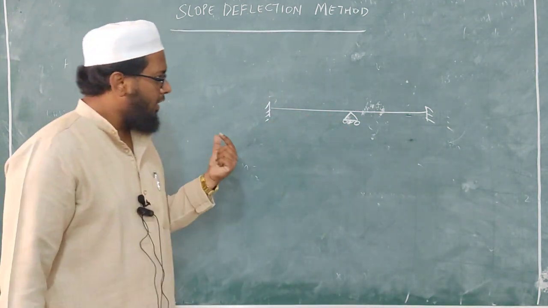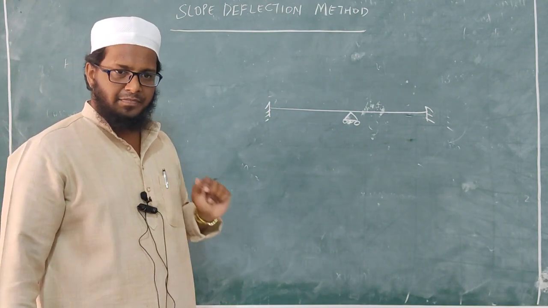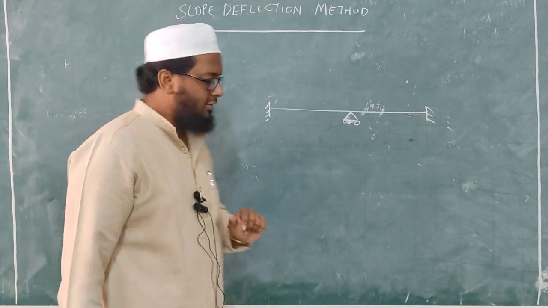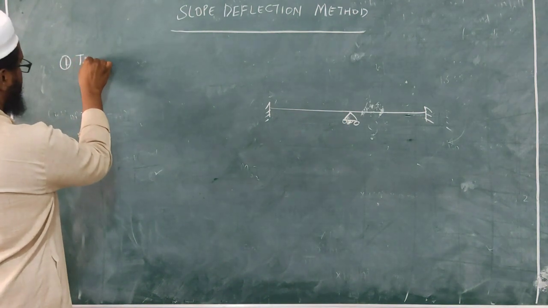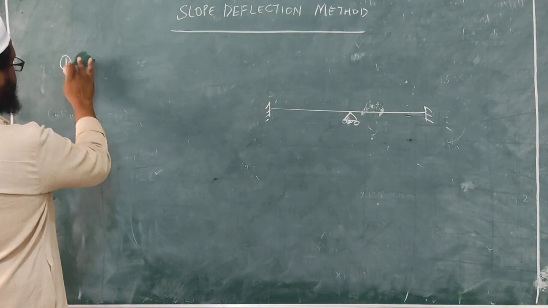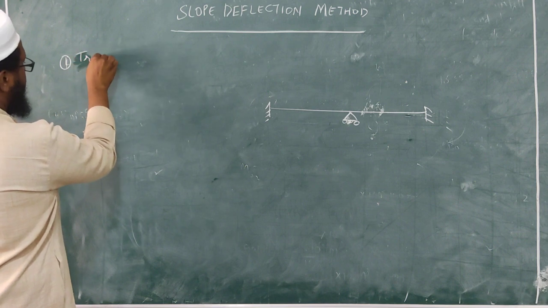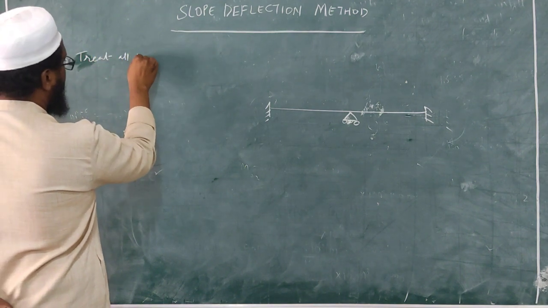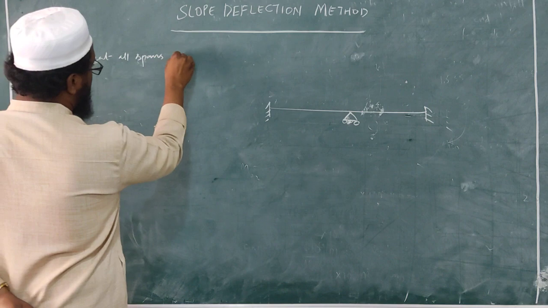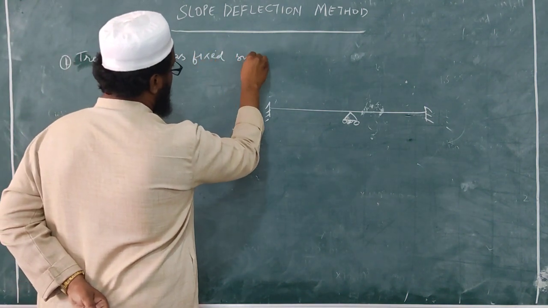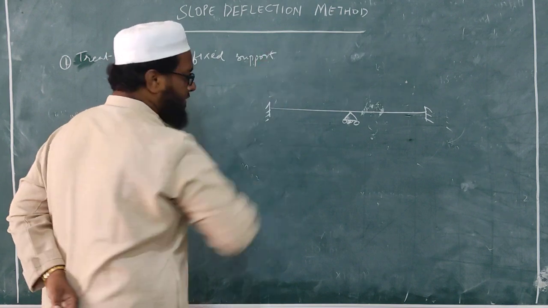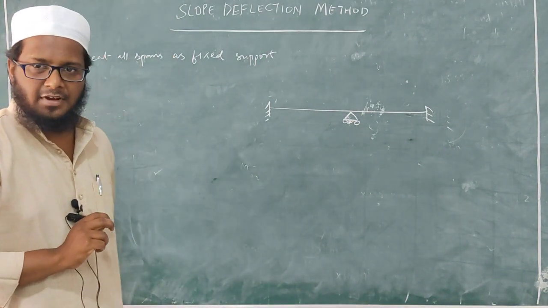So in the slope deflection method, the very first step which we do is we'll treat all spans as fixed supports. What do you mean by this?